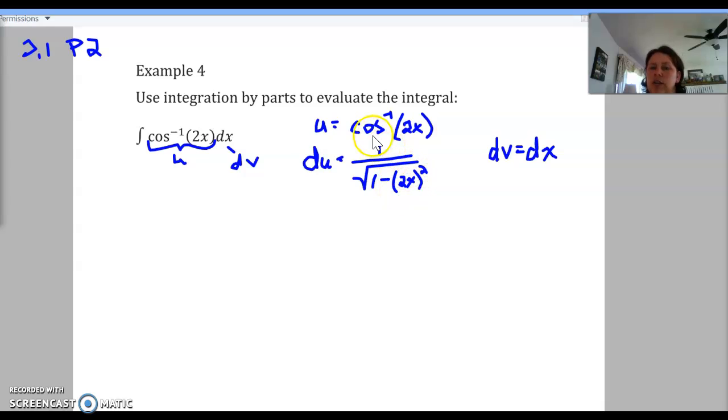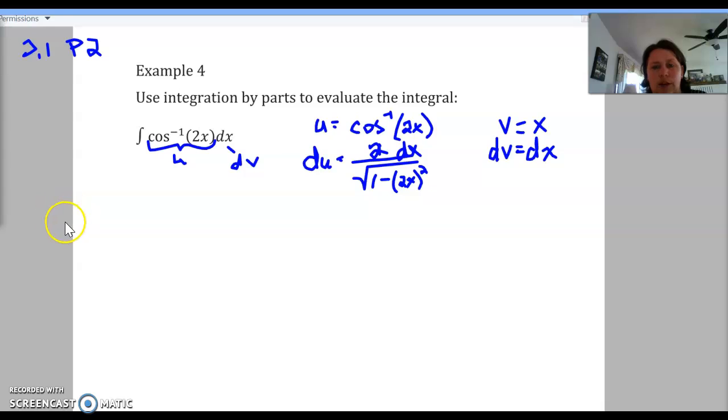Remember our chain rule, we'll have to multiply that by the derivative of the inside also, so we'll have to put a 2 up there, and then dx as well. Then the integral of dv is going to be v, and the integral of dx is x. Okay, and so we're ready to go.